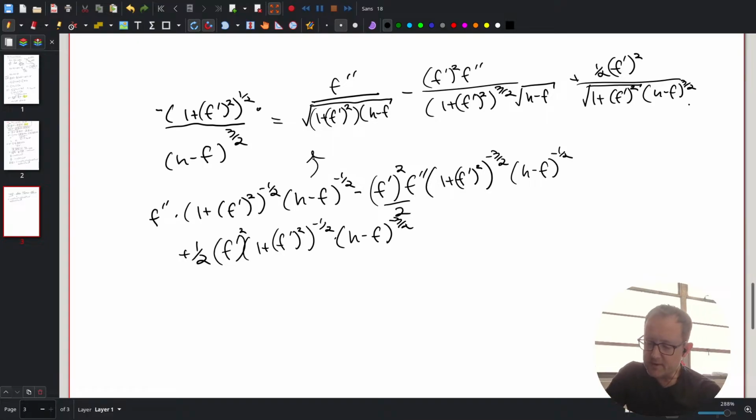So we have a couple of terms coming up more than once. I think if we multiplied everything by that h minus f 3/2, we'd end up with some stuff. There is none.